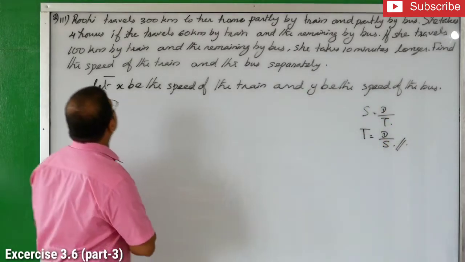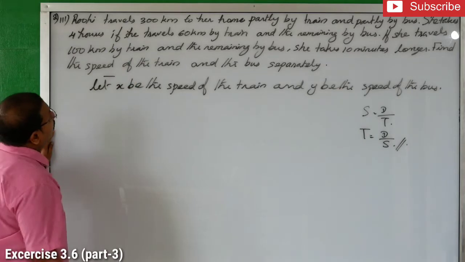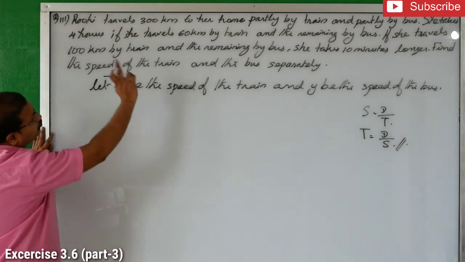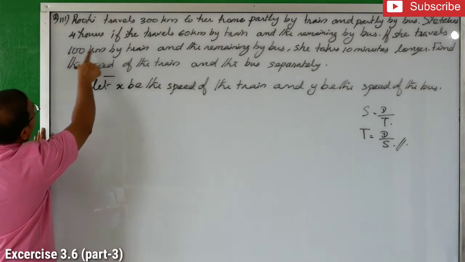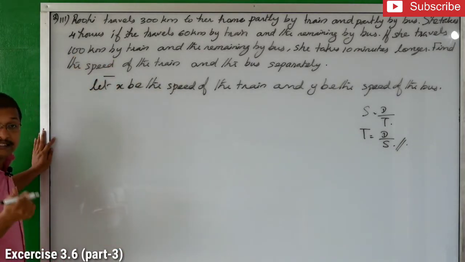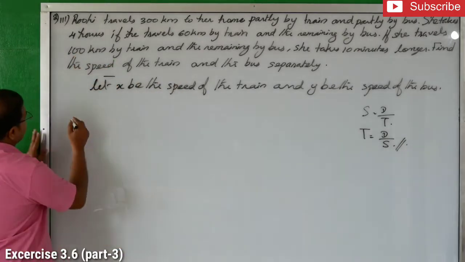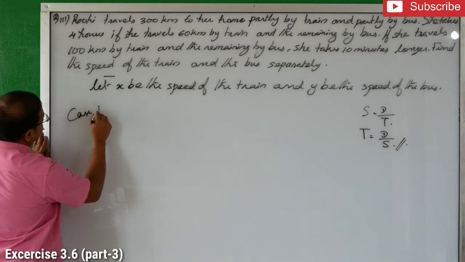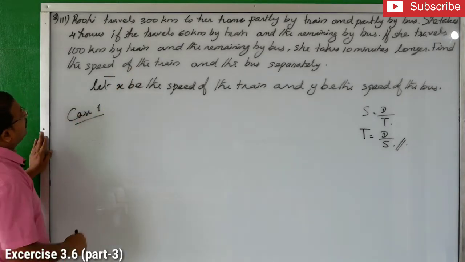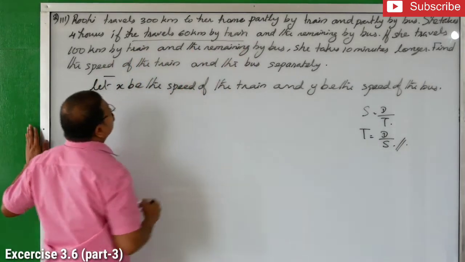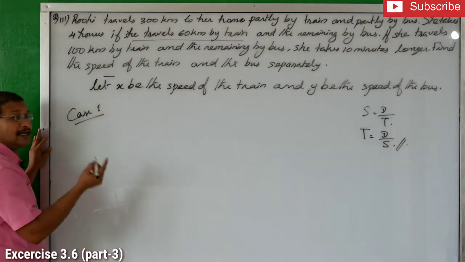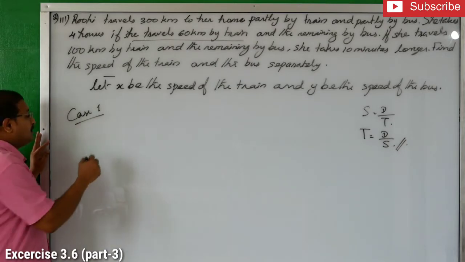Ready? Now let's see. Ruhi traveled 300 kilometers to her home, partly by train and partly by bus. First case, she takes 4 hours if she travels 60 kilometers by train. See case 1. What happened? If she travels 60 kilometers by train, that means distance traveled by train equals what?